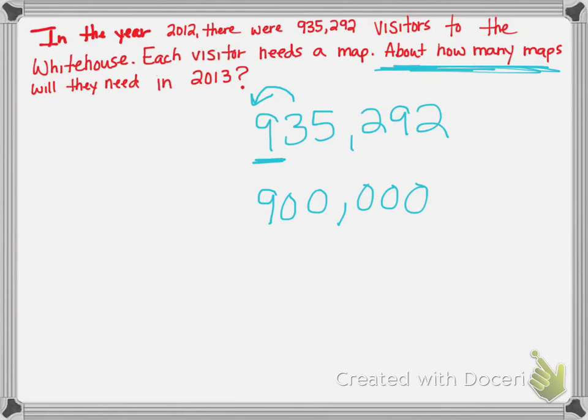If I said, oh, you only need about 900,000 maps next year, and they had 935,000 visitors, plus a little, 935,292 visitors, is 900,000 going to be enough maps? Now, normally I'm sure their number increases every year with how many people they have. So I'm cutting them short of 35,292 maps. So rounding to the 100,000s place is certainly not a good choice.